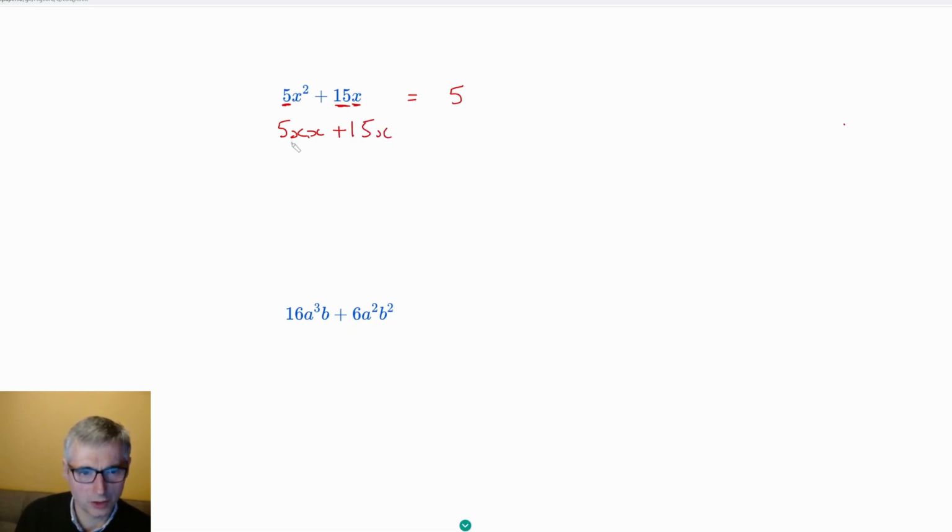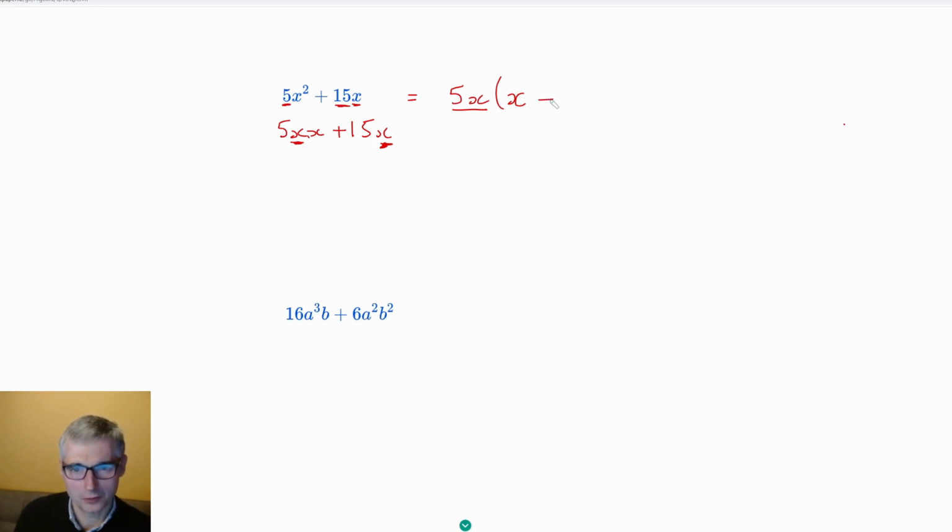So we can see the number of x's we've got in each part is actually just 1x there. So what I'm going to do is take that x out to the front, and then what I need to put inside the brackets is what I have to multiply this 5x by to get back to the start. So if I put an x there, then 5x times x would give us 5x squared.